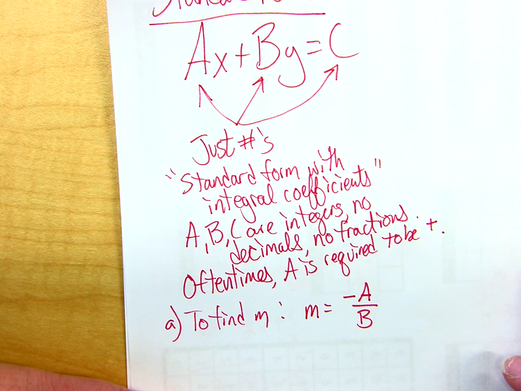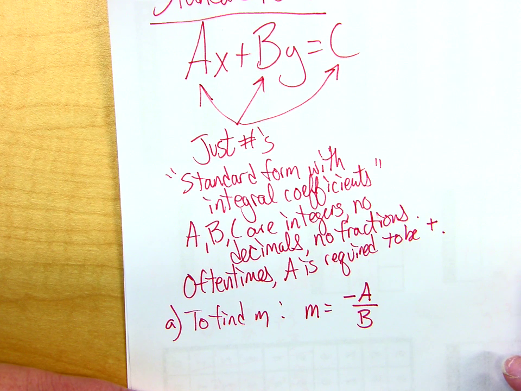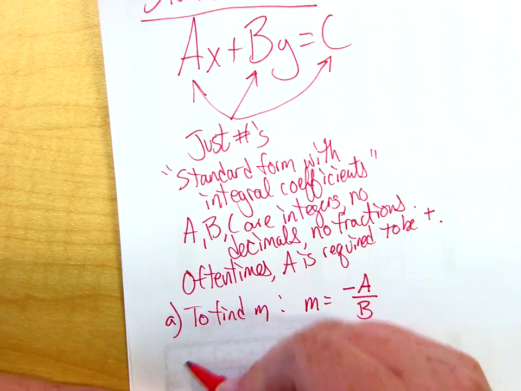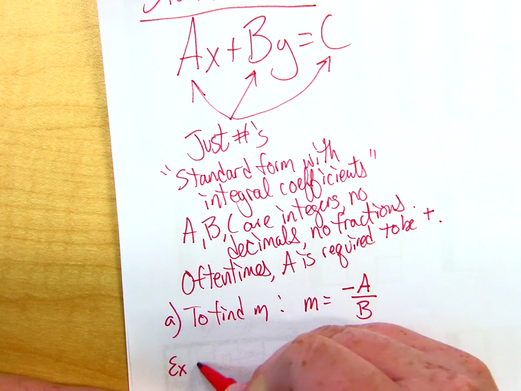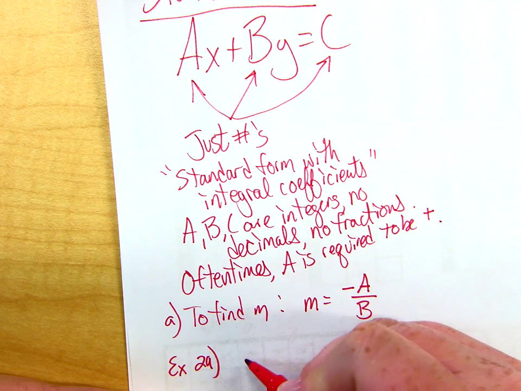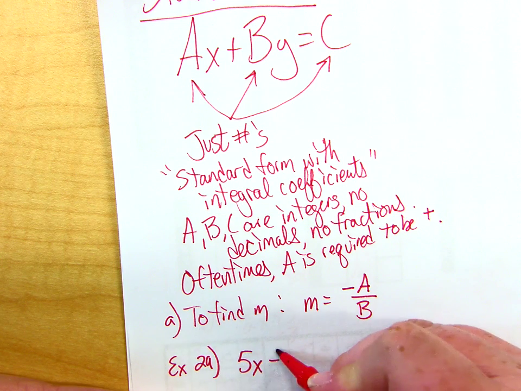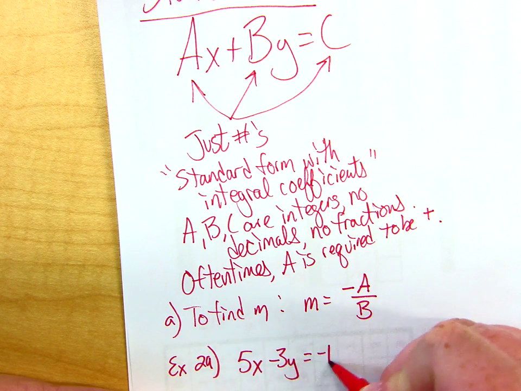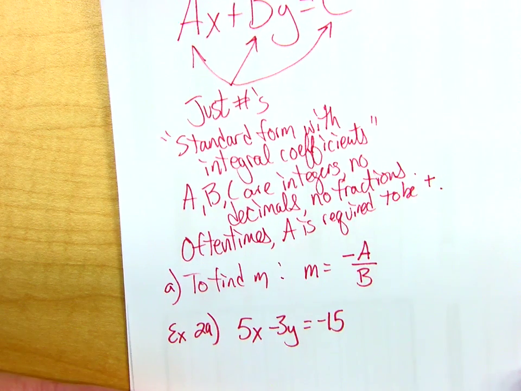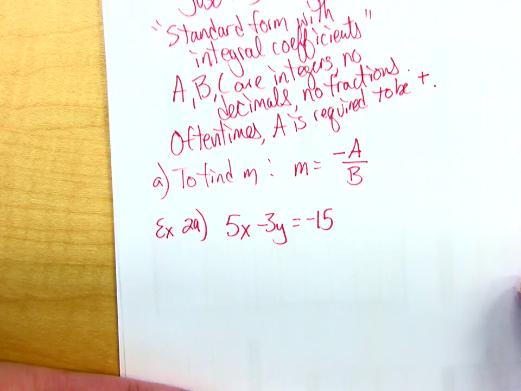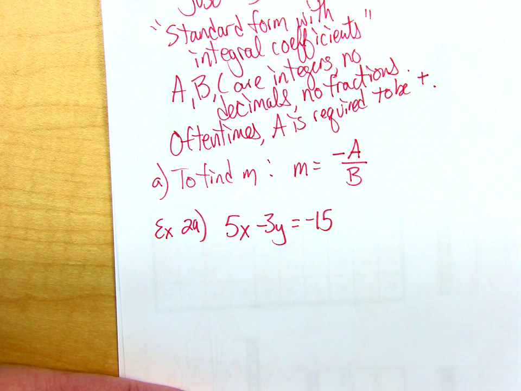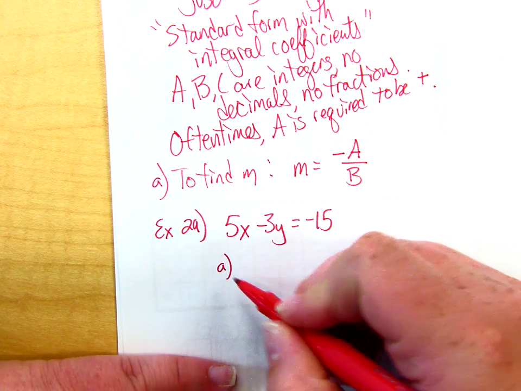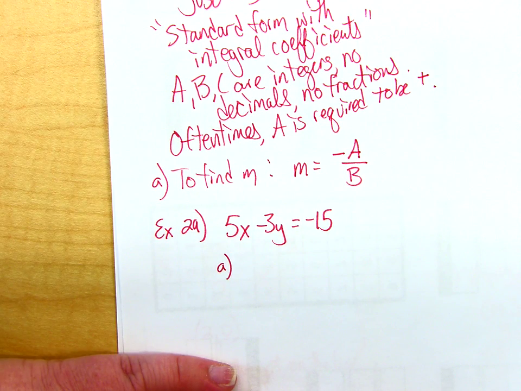So let's do an example problem so we can work through this. Let's just say I chose number 29 from your paper. That says 5x minus 3y equals negative 15. So if I wanted to find the slope from this, I would just do negative a over b.